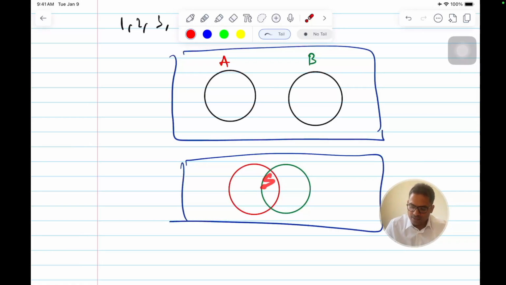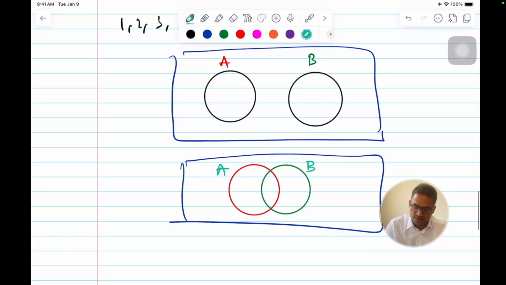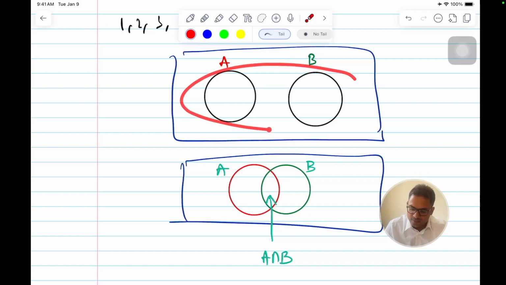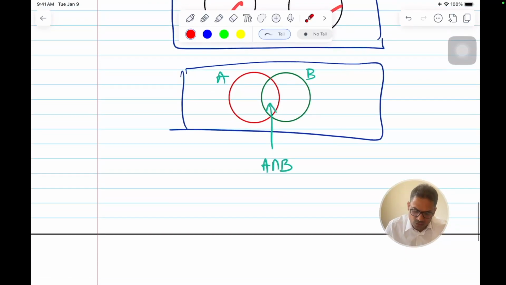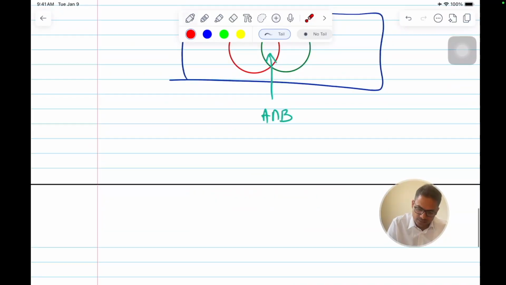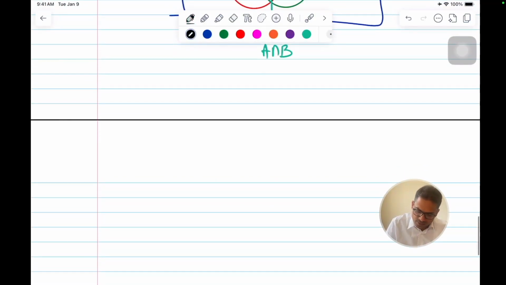And when there is an overlap between these two sets A and B, these are not mutually exclusive, because we have an overlap here, and this overlap is called A intersection B. So this is a mutually exclusive case. Let me define it for you.